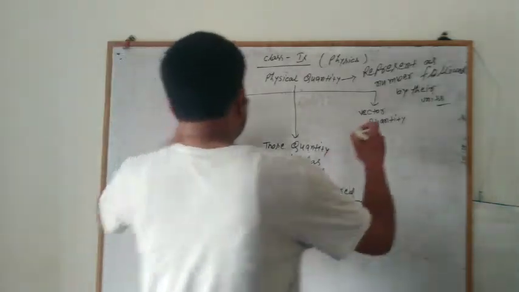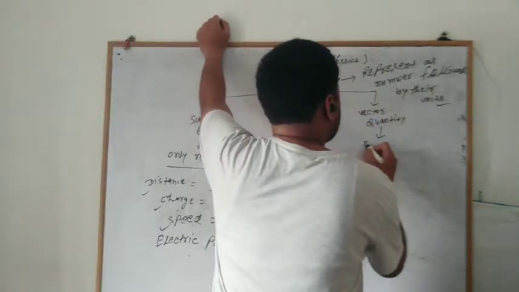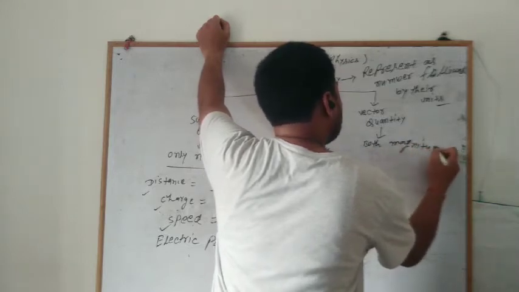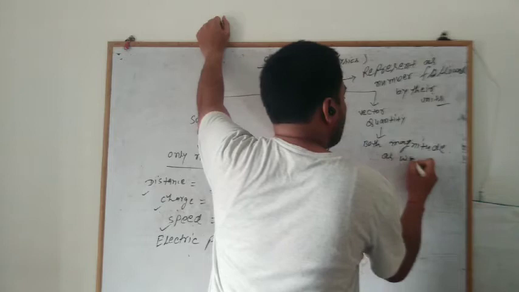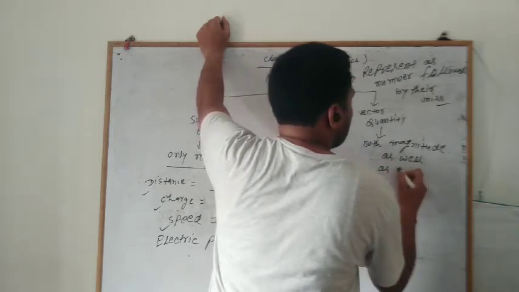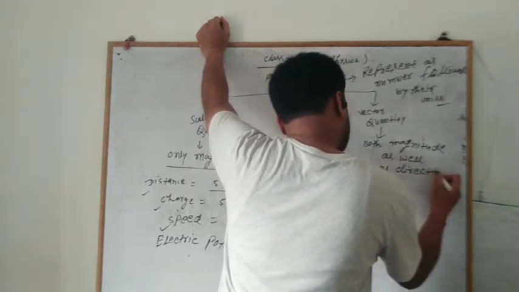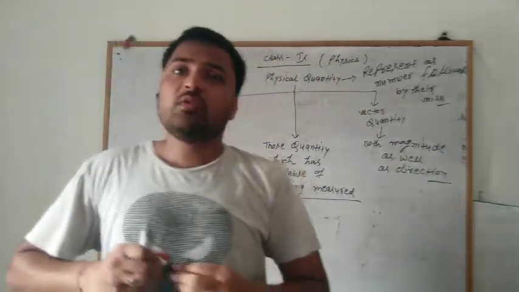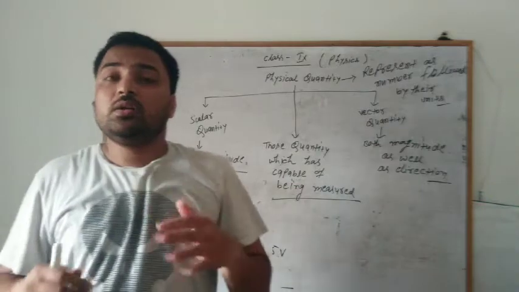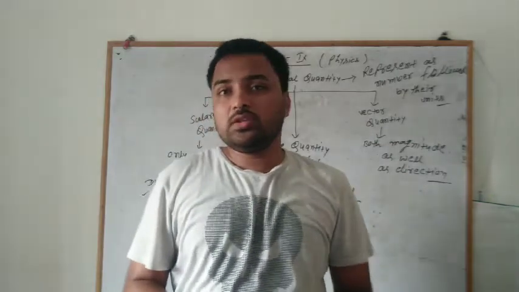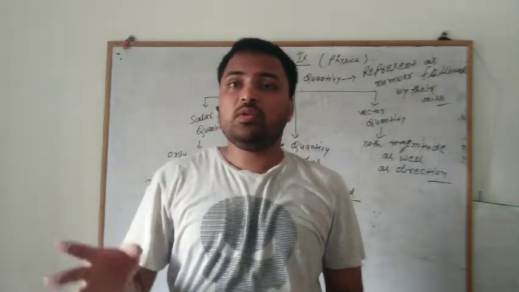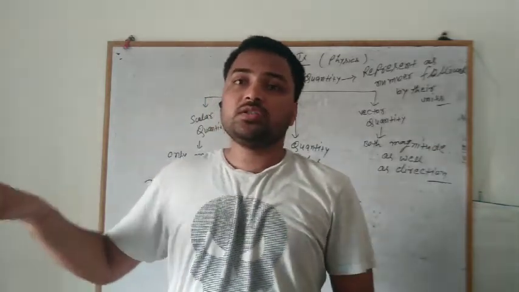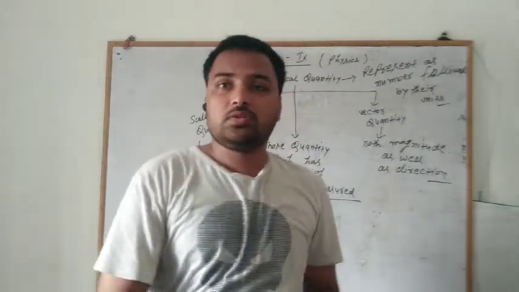So a vector quantity has both magnitude as well as direction. In the case of a vector physical quantity, we discuss both the magnitude as well as the direction. So whenever we write a vector quantity, there must be a direction associated with that magnitude.